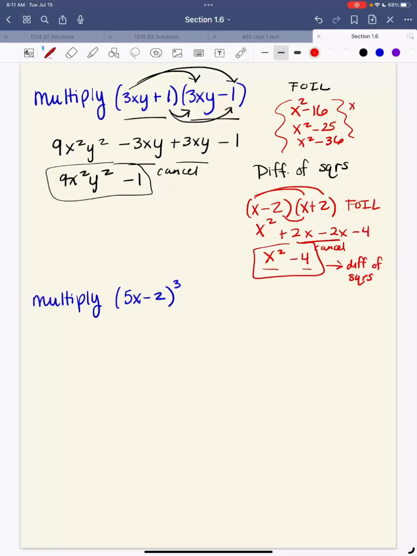This becomes x plus 4, x minus 4. This becomes x plus 5, x minus 5. And this becomes x plus 6, x minus 6. So, now that we recognize a difference of squares, what we can say is that when you have these difference of squares, these terms here are what's called conjugates of one another.